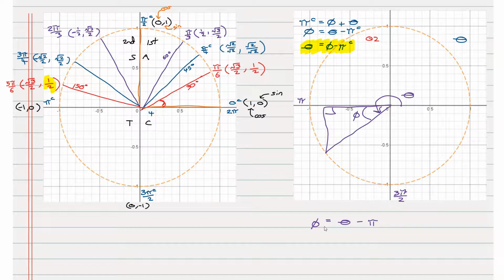So if we took pi radians away from theta, what we're left with is only this angle in here. So this would be the description of the interior angle for quadrant 3. And we could rearrange that such that if we want to know the exterior angle based on the interior, then theta equals phi plus pi.